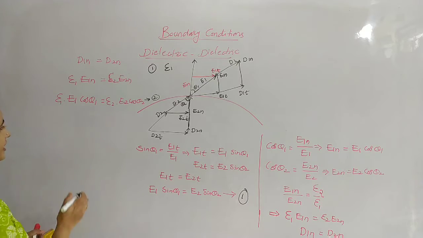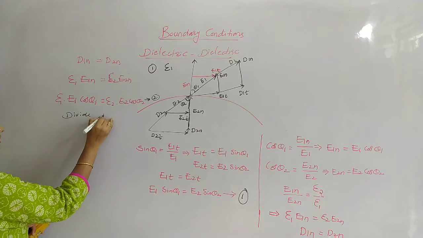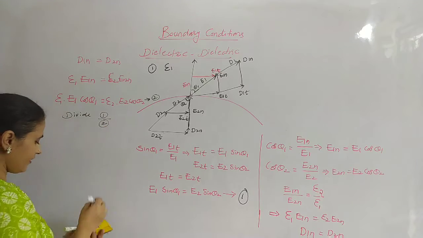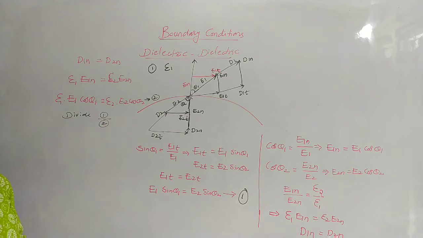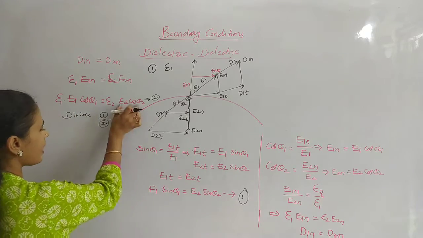Let the equation we obtained in terms of cos be equation 2. Okay. Now divide equation 1 by equation 2. Dividing means dividing the LHS by the LHS and the RHS by the RHS.